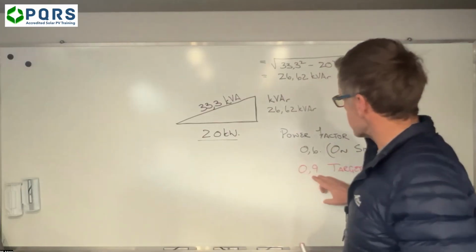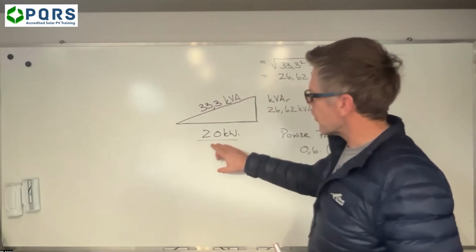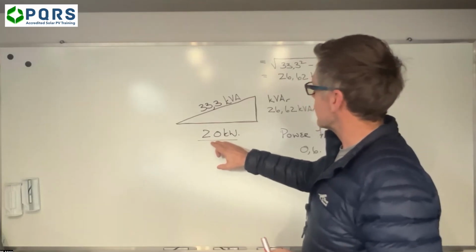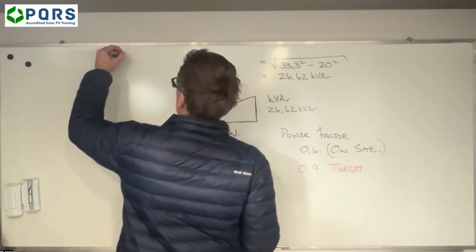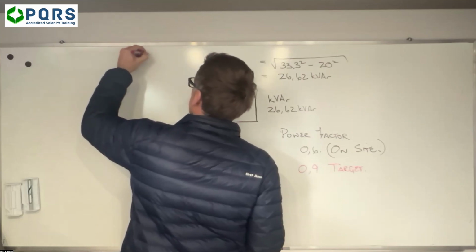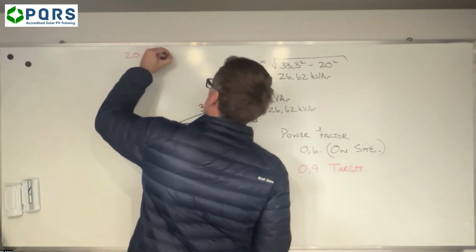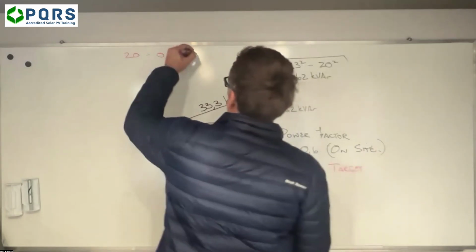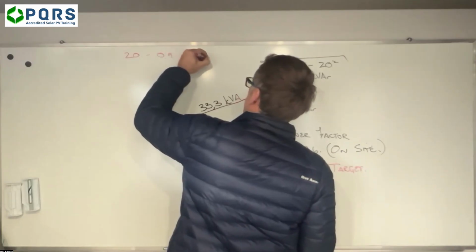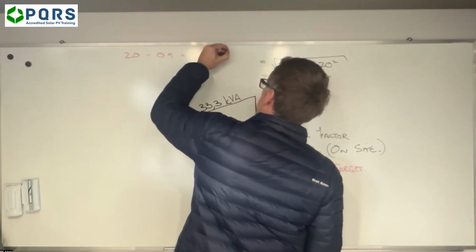To have a 0.9 target would mean that we would take the 20 and divide it by 0.9. 20 divided by 0.9 is equal to 22.2 kVA.